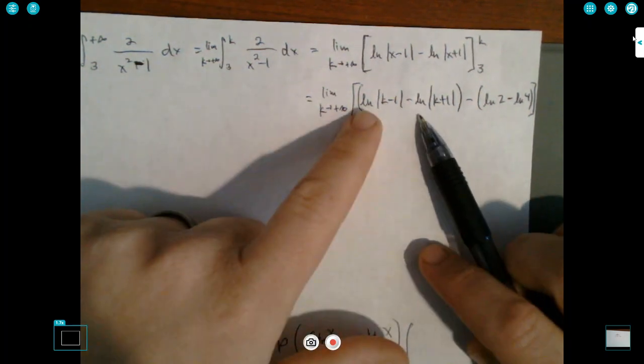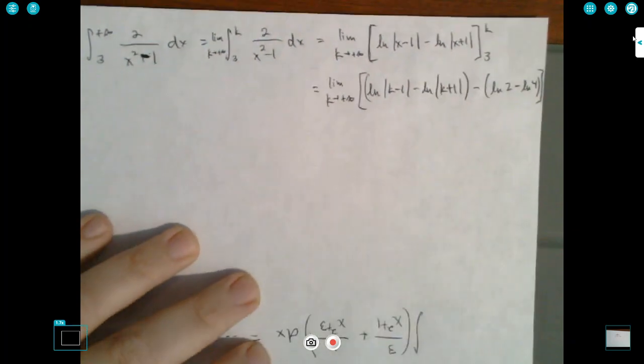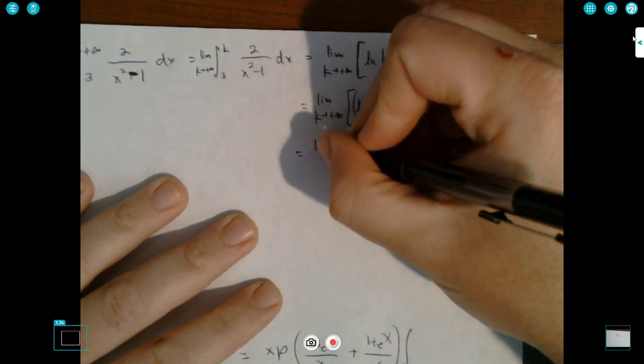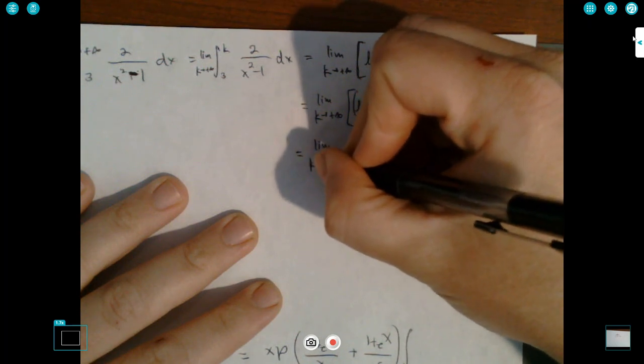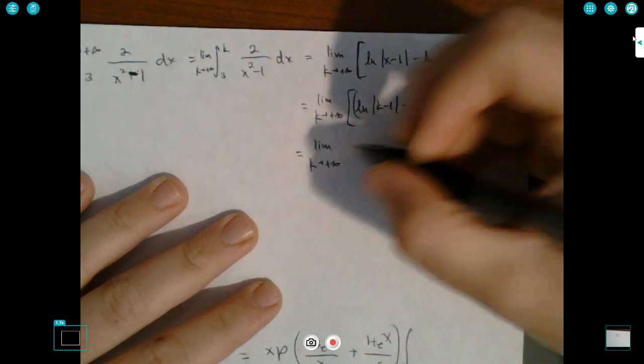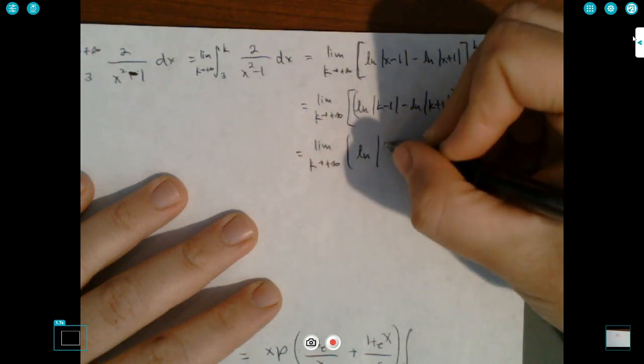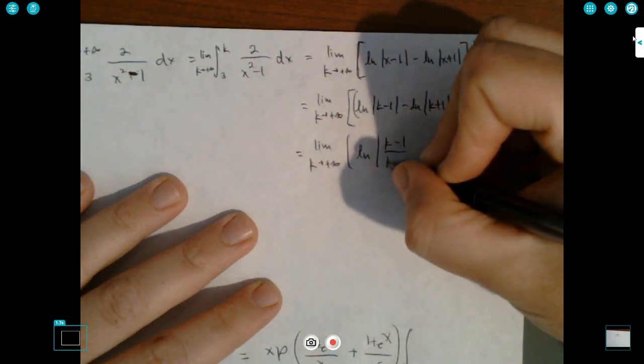The good news is that these are natural logs, and so you can rewrite this using the quotient rule for logarithms. Okay? And when you do that, you get ln of (k minus 1) over (k plus 1).